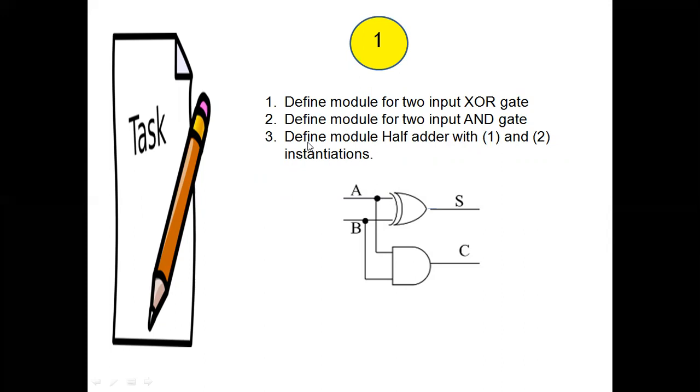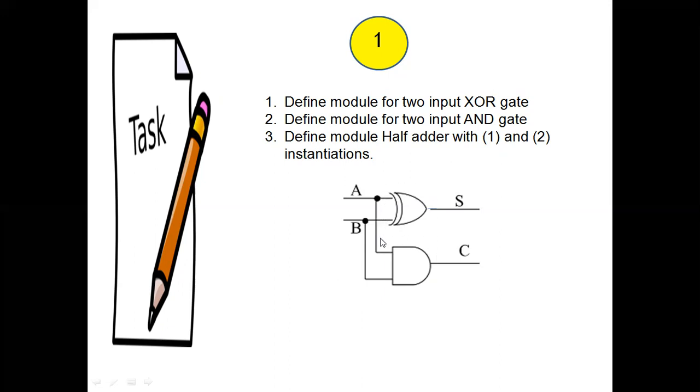Now what is the third thing? Define a module half adder with 1 XOR and 1 AND instantiation. In the third one you have to define a module half adder, and inside that you instantiate these two, the XOR and AND. So the first task is to write a module for the XOR gate.